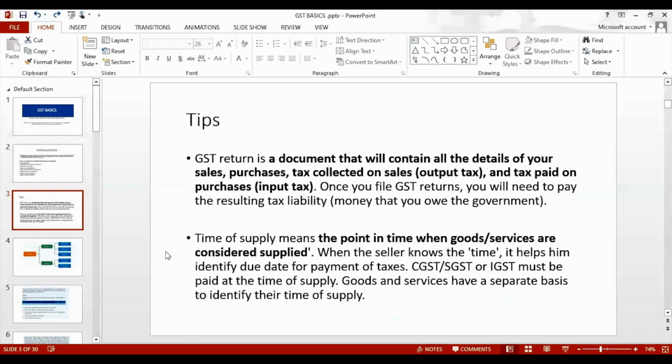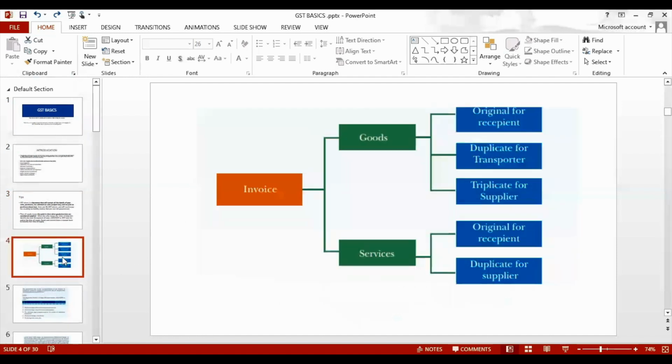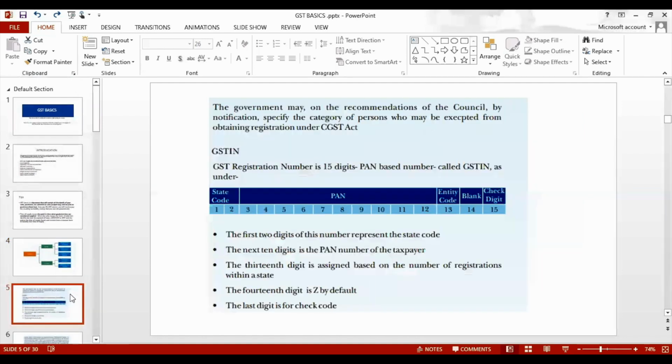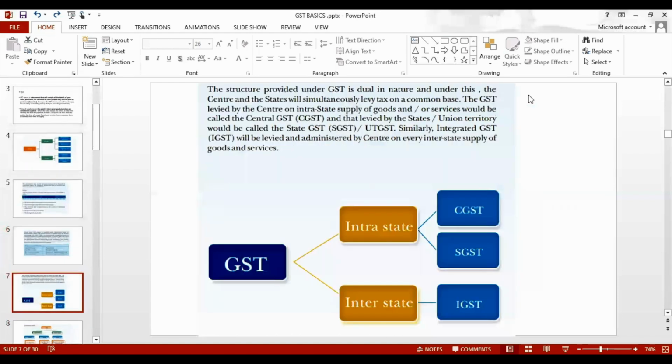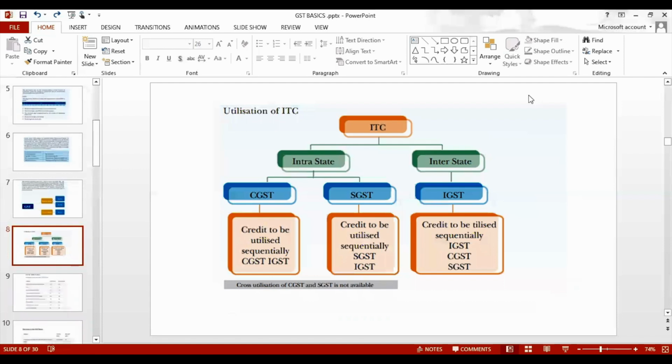It depends on the place of transaction, how the invoice or bill copy is generated, and the GST number format. Next is the HSN code. Next, what is interstate and what is intrastate. How the taxes are split. And the ITC for filing, how we do it in the same format.